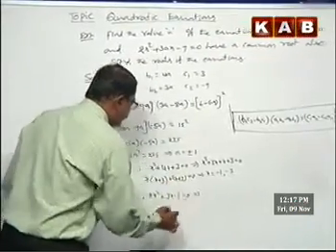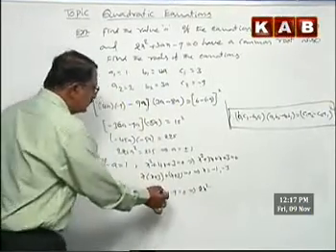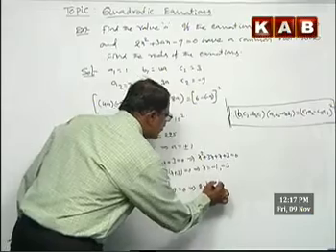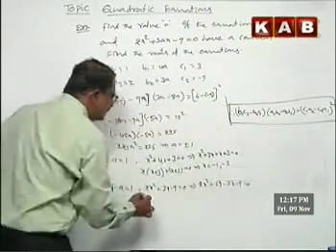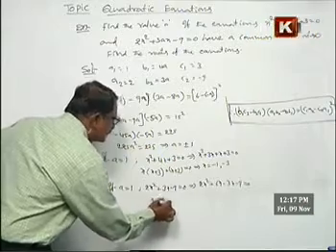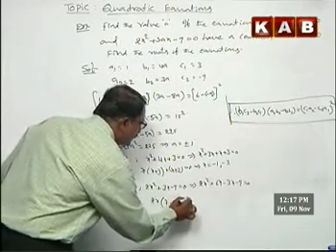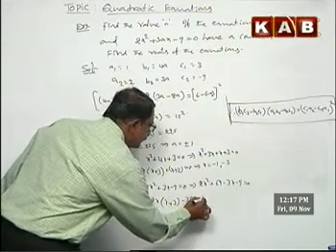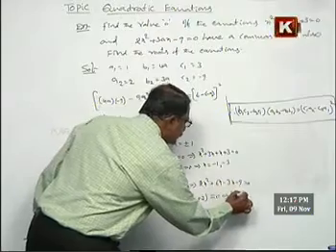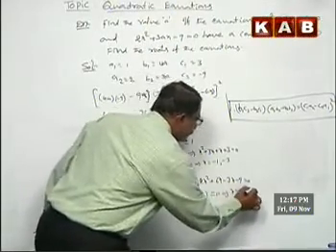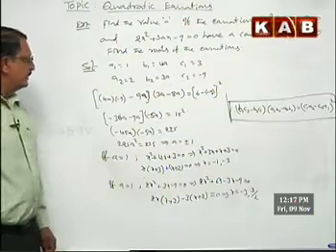Now this implies 2x square, 3x can be written as plus 6x minus 3x, minus 9 equals 0. 2x take common in first two terms, we get x plus 3, minus 3 common, x plus 3 equals 0. This implies x equals minus 3, 3 by 2. Now roots of the second equation are minus 3, 3 by 2.